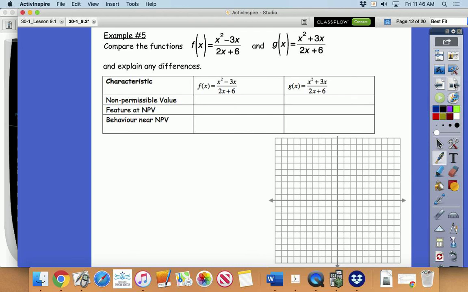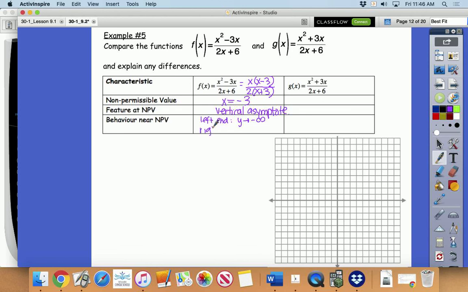So for this one, I would factor it, of course, for the answer. That would give us a non-permissible value when x equals -3. We know that the feature of the non-permissible value is that it creates a vertical asymptote. The behavior near the non-permissible value: on the left end, the y is going to go to -infinity.